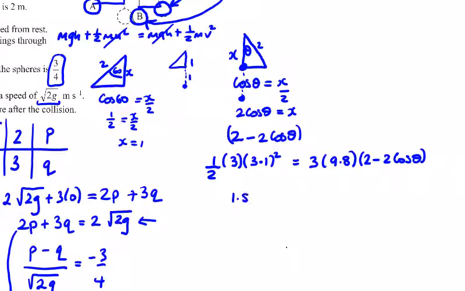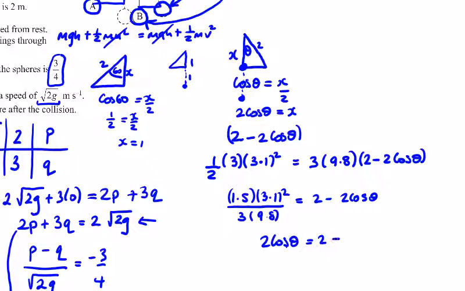So 1.5 by 3.1 squared divided by 3 times 9.8 is going to be equal to 2 minus 2 cos theta. So 2 cos theta is equal to 2 minus this.